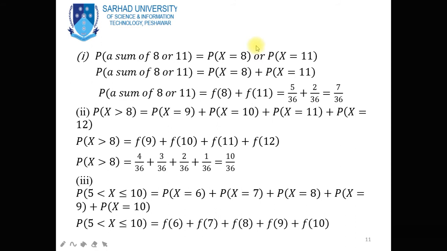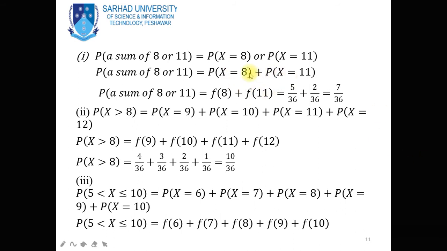And we have already discussed in the previous video lecture that "or" means union, and for the union we can use the addition law. So in the addition law we use probability of X equal to 8 plus probability of X equal to 11. So the probability distribution function for X equal to 8 plus the probability distribution function for X equal to 11.